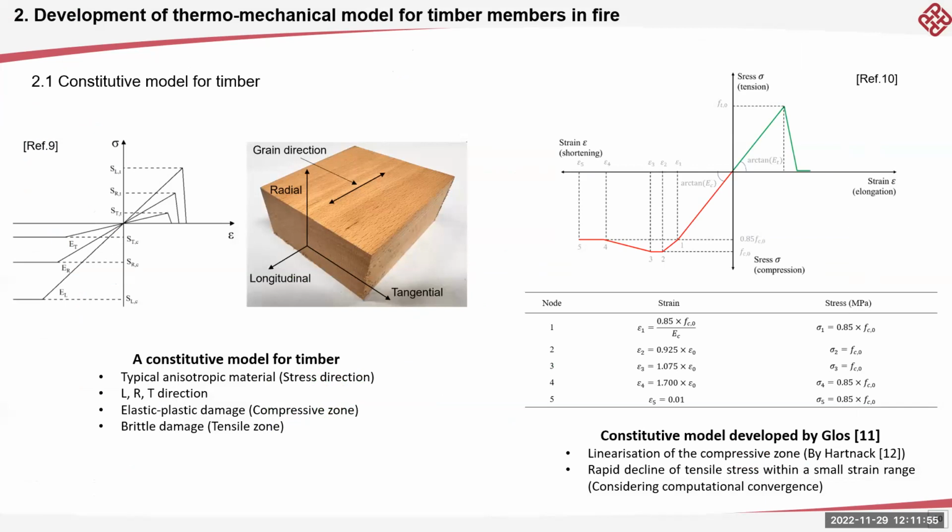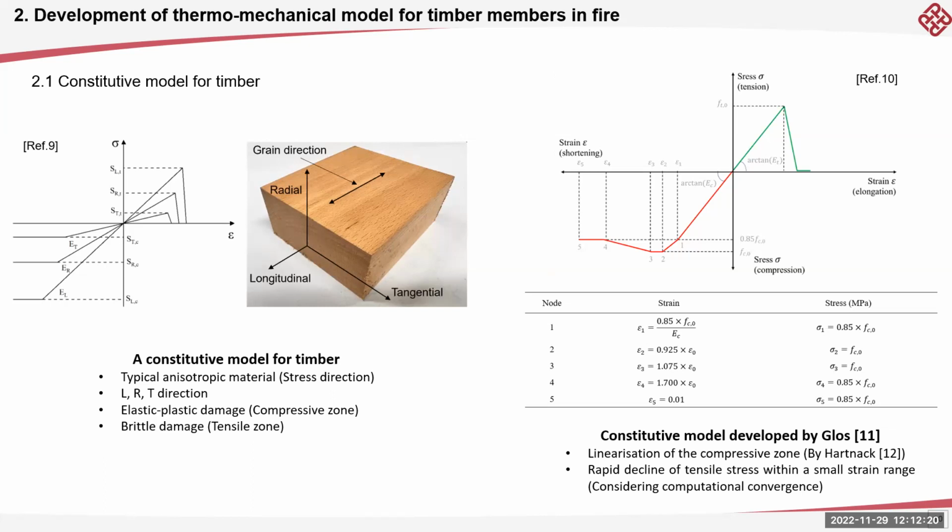As we all know, timber is a typical anisotropic material along different stress directions. It has 3 directions simplified to L, R, and T directions. And it was usually assumed as elastic plastic damage in the compressive zone and brittle damage in the tensile zone.